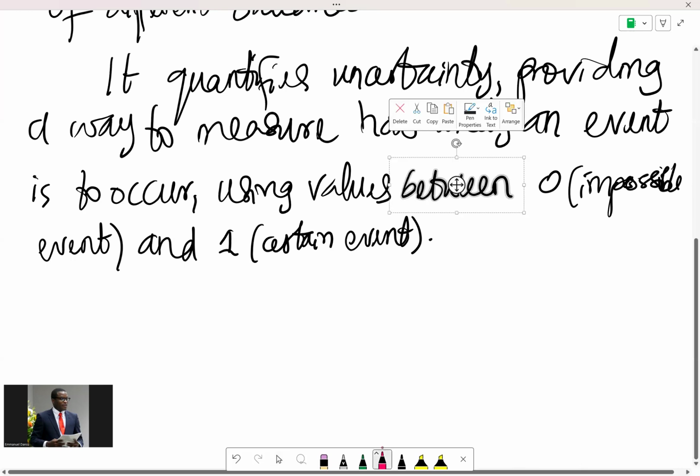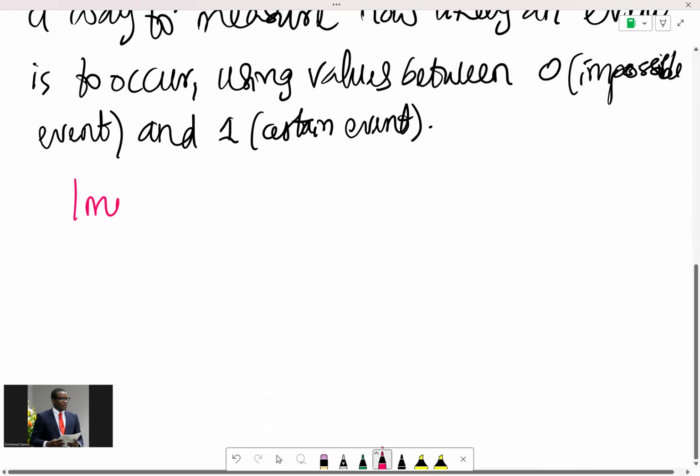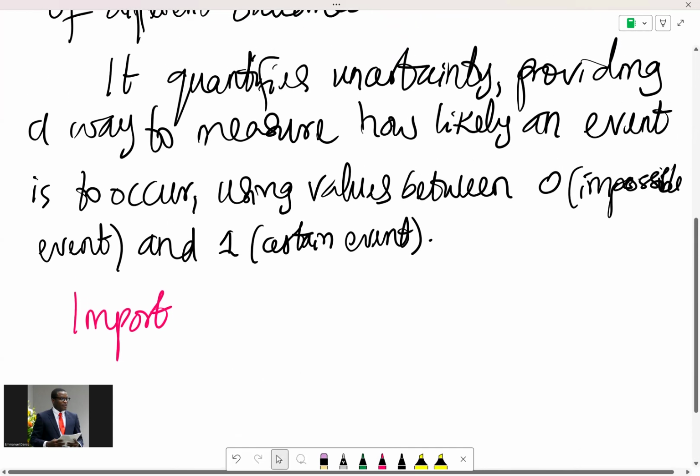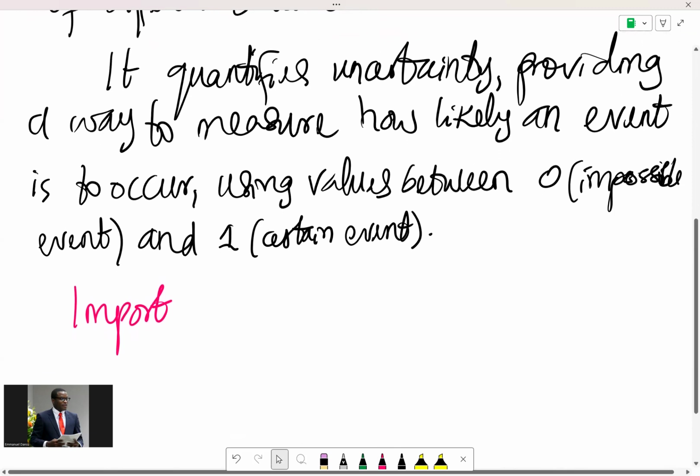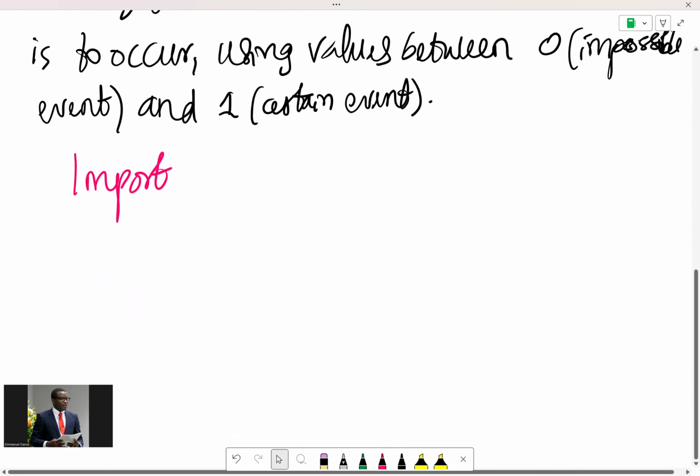How about we talk about the importance? Why is it important to quantify uncertainty?